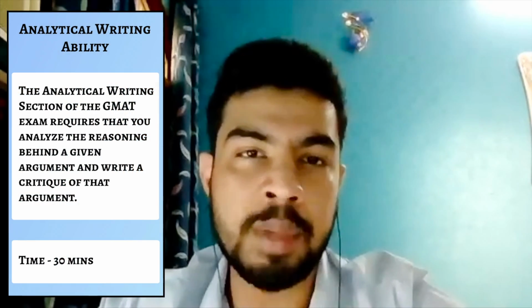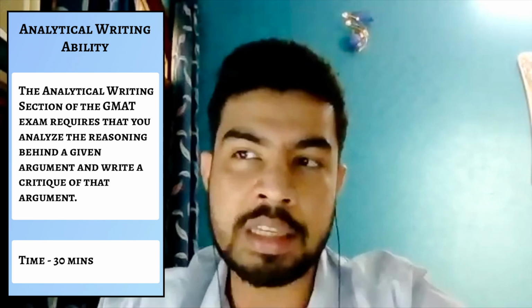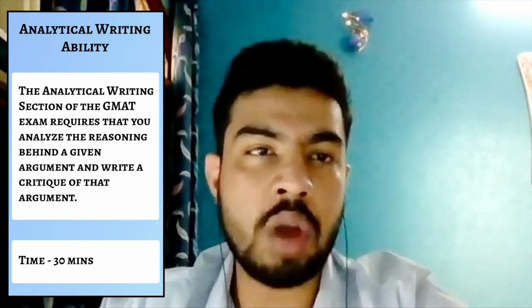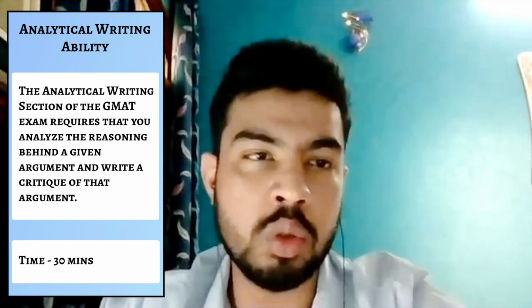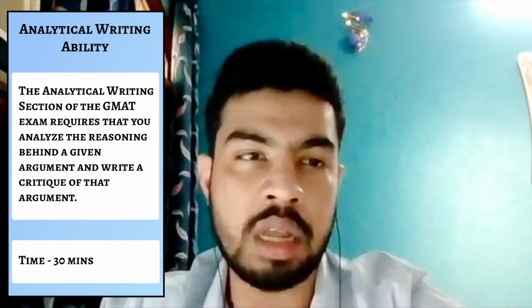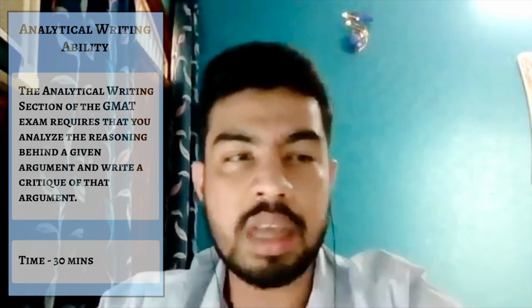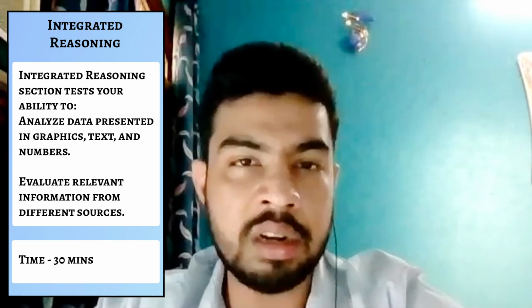Let's talk about the first section, that is analytical writing ability. It's basically an essay for which you are given 30 minutes to write, and you have to critique an argument and use your critical thinking to critique various elements that are given in the questions. The second part is the IR, or integrated reasoning.